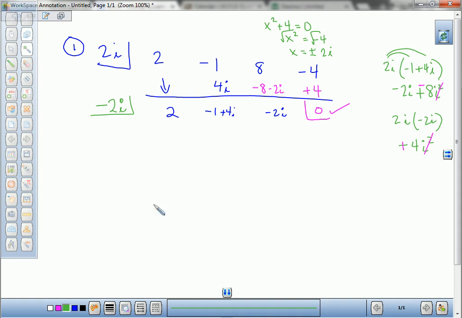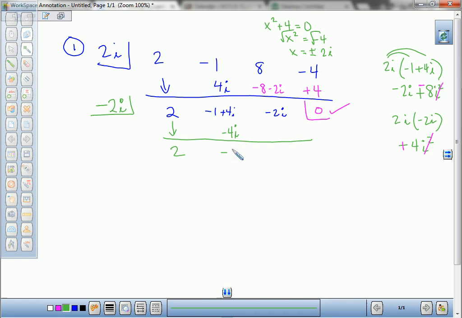Just has to. All right, so this is still a little ugly, but this is where it all cleans up. It's going to be so pretty at the end. We bring down the first one, and then we multiply. -2i times 2 is -4i. Oh, what happens to my imaginary part right here?